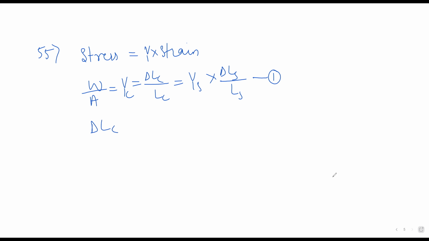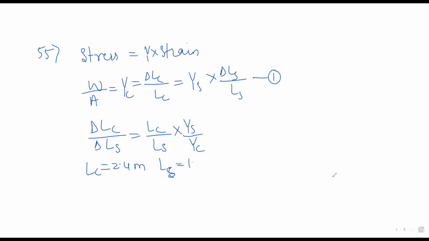Therefore, delta Lc divided by delta Ls is equal to Lc divided by Ls into Young's modulus of steel to the Young's modulus of copper. For copper wire, Lc value they have given, that is 2.4 meter, and Young's modulus 1.2 into 10 to the power of 11. Sorry, for steel wire, Ls value is 1.6 meter and Young's modulus for steel is 2 into 10 to the power of 11 Newton per meter square.